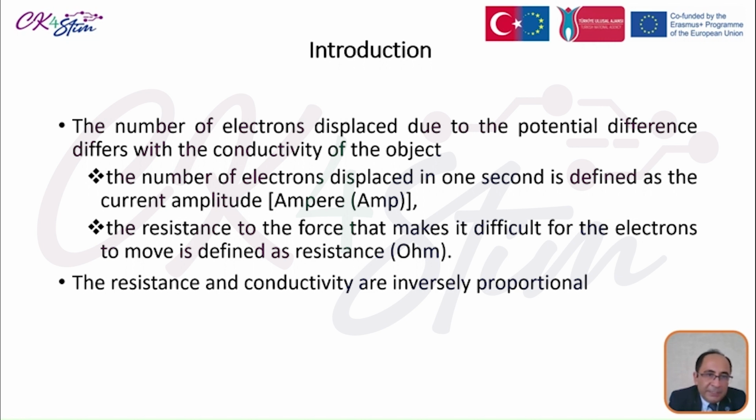In conductivity, the number of electrons displaced in 1 second is defined as the current amplitude, and the resistance to the force that makes it difficult for the electrons to move is defined as resistance. Hence, you know that resistance and conductivity are inversely proportional.